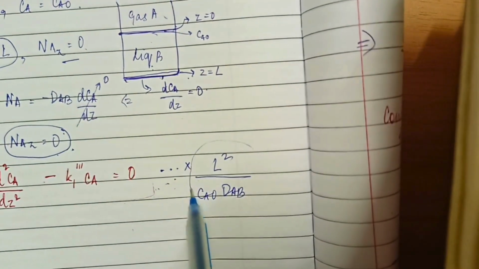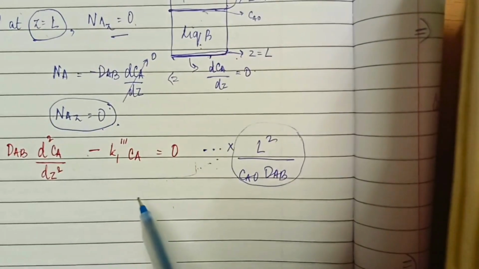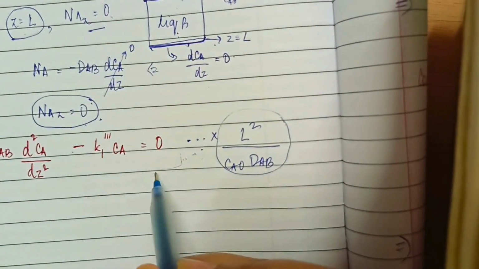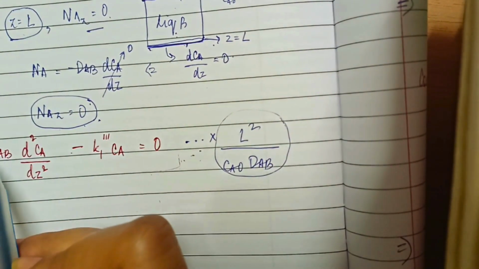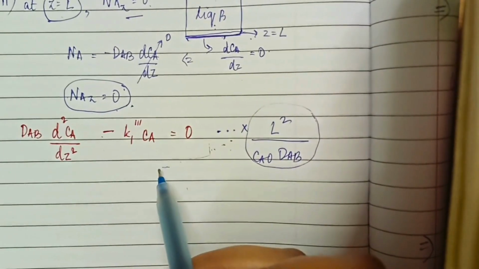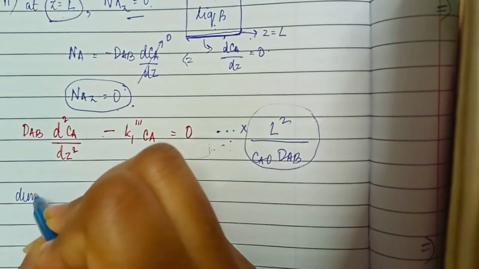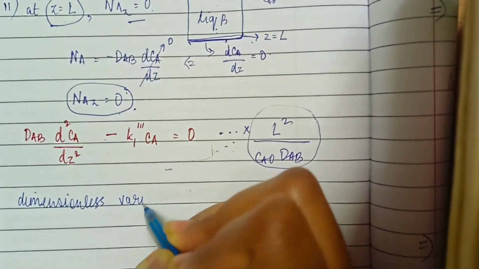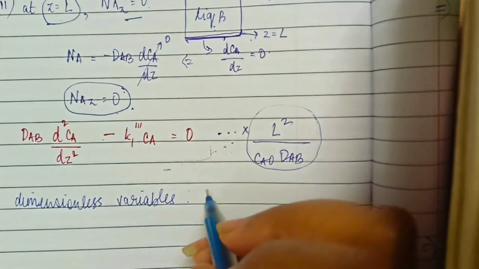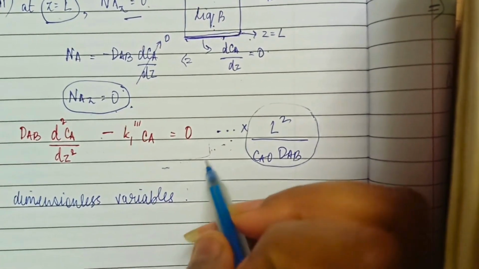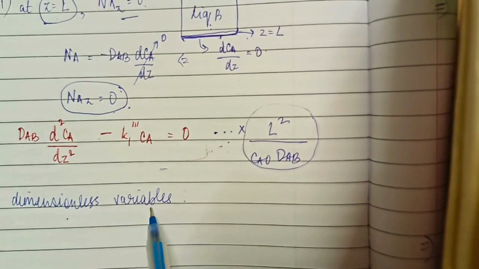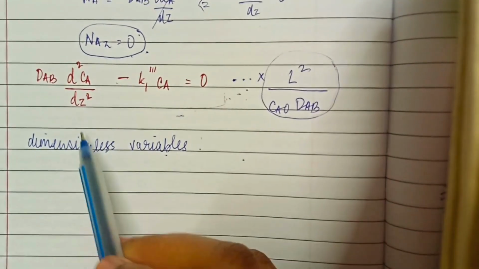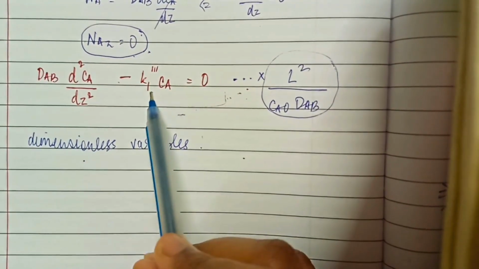By multiplying this term into the whole equation, we get the whole differential equation in terms of dimensionless variables. By getting the equation in terms of dimensionless variables, it becomes very easy for us to solve the equation.